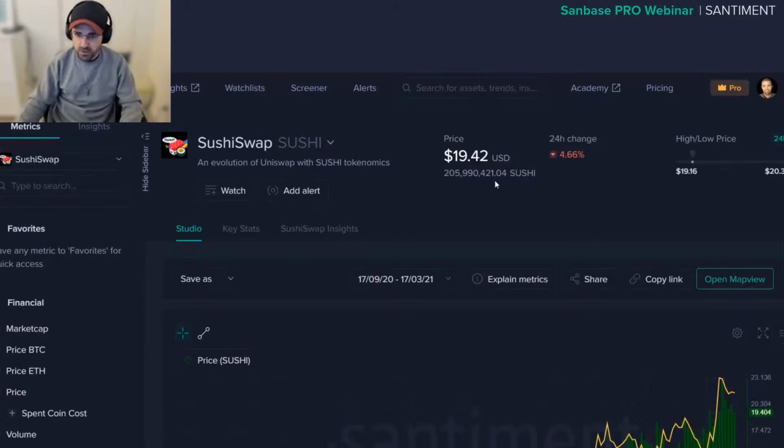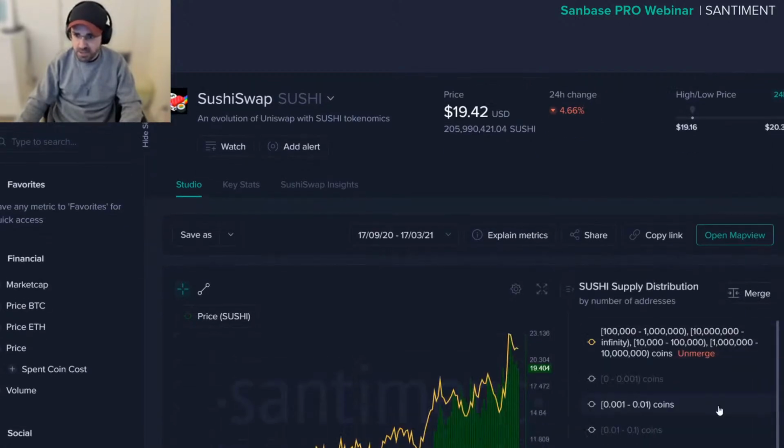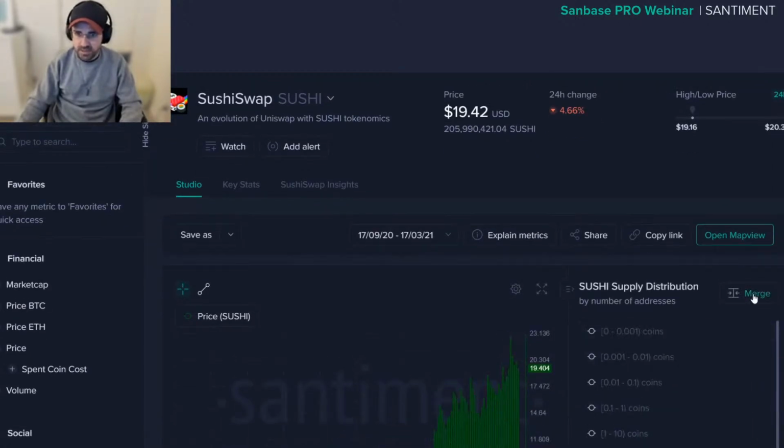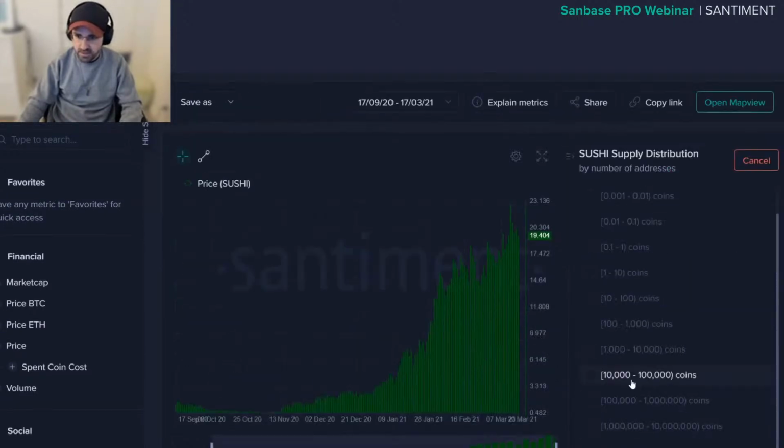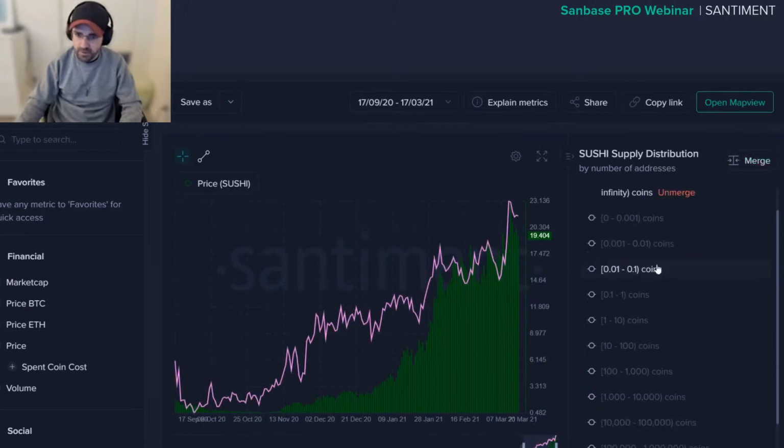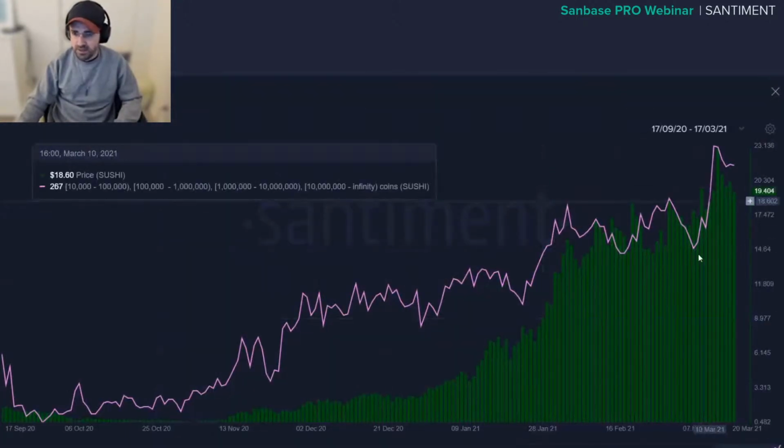So the whales, just to make sure I have the metric right, are going to be 10,000 or more in this case because the price is over $10, but not over 100. So the pink line in this case is showing that we had a huge uptick about 11 days ago where we were at 225 whales and now are all the way up at almost 300, where we actually did get up to 309 back on March 11th.